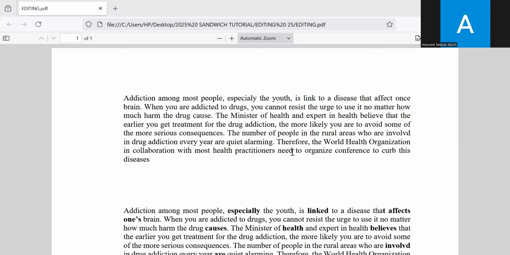The World Health Organization is a singular concept because it's just a singular entity. It needs to organize conference to curb these diseases. Now, look at this one too. The pronoun, the demonstrative here is this. If this is the case, then the last word here should not be plural.